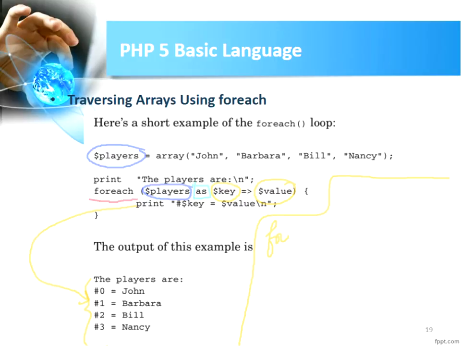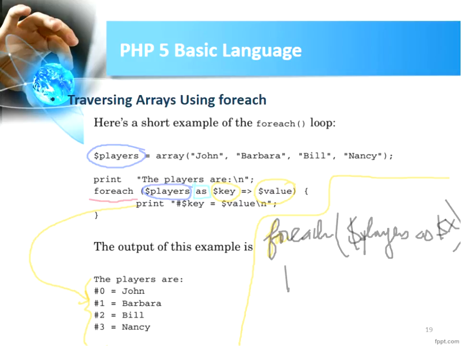In this example, if I write it in another manner, for example, I will use another color, black. So foreach $players as $x, print $x.